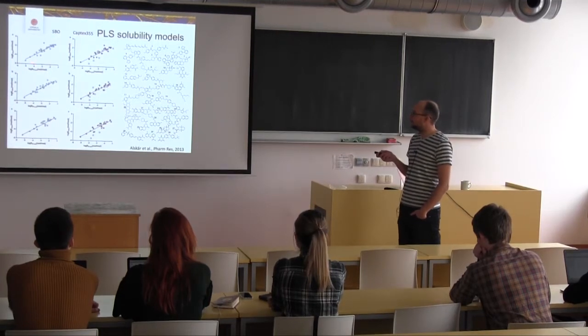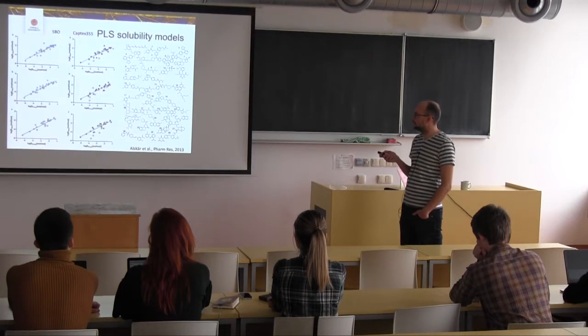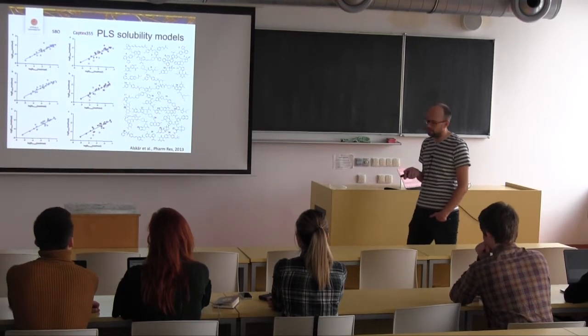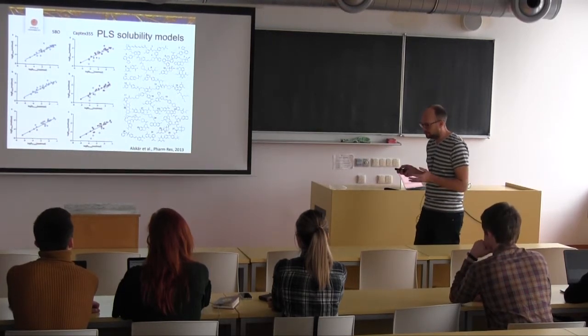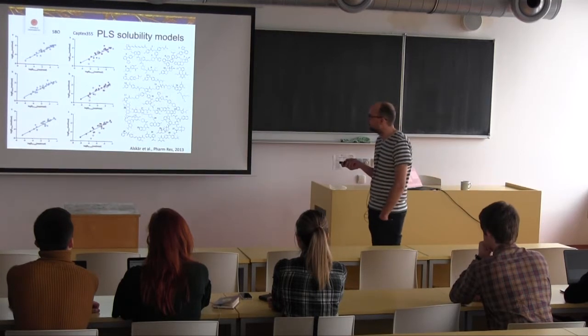As you can see, we predicted the solubility for these drug compounds in soybean oil, so essentially a long chain lipid, and then we have this Captex, which is a trade name for a mixture of different medium chain lipids.